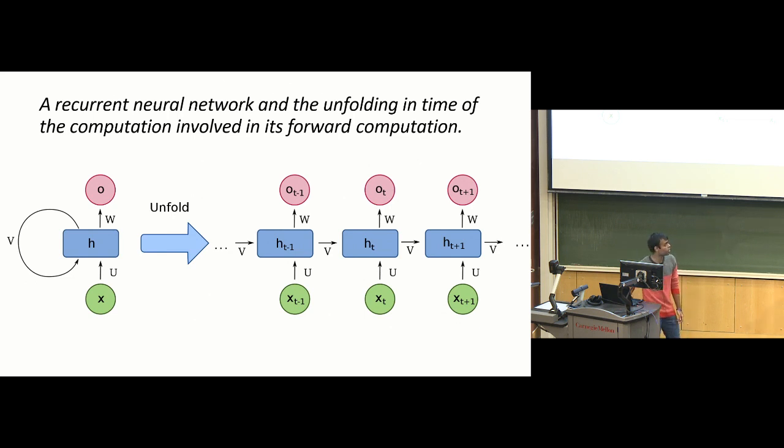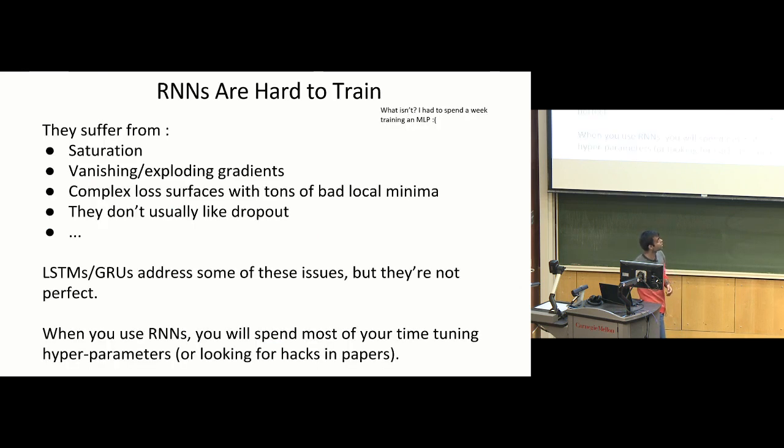When you unfold it in time, at time t-1 for the t-1th input, you have the output at that time. Each time you step through time, you generate an output. That is how you model the sequence using an RNN.